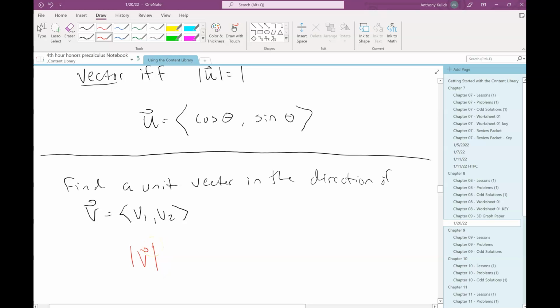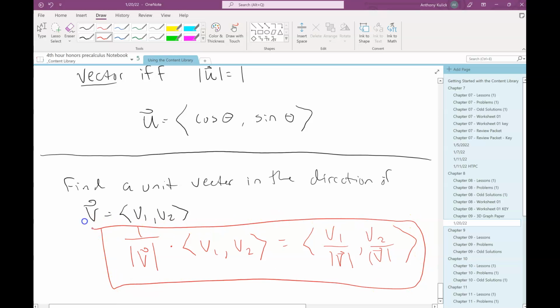I'm going to calculate the magnitude of v, and then I'm going to multiply my vector by the reciprocal of its magnitude. That's it.